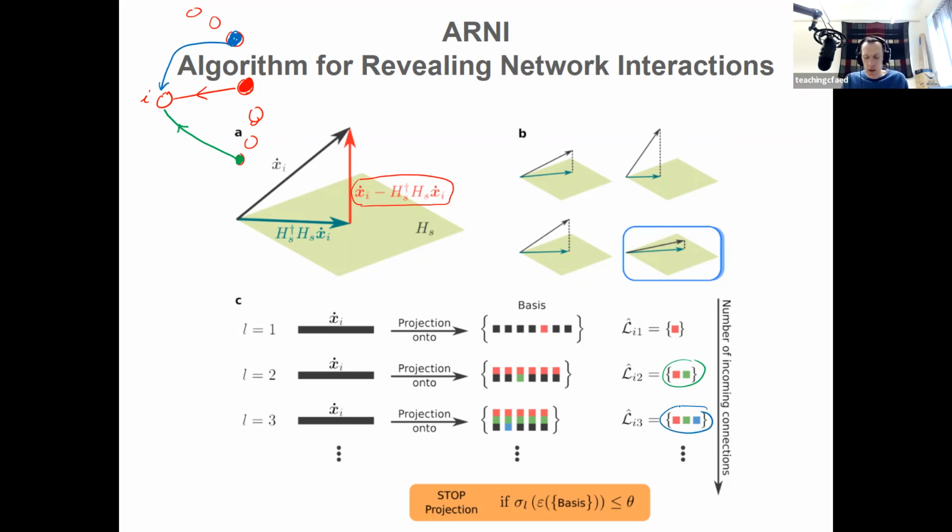And at some point, given a basis, there's some remainder of the difference of the reconstructed x dot and the actual x dot. So this is the reconstructed and this is the actual one. And then you stop, once your error signal is dropping below some threshold, okay?